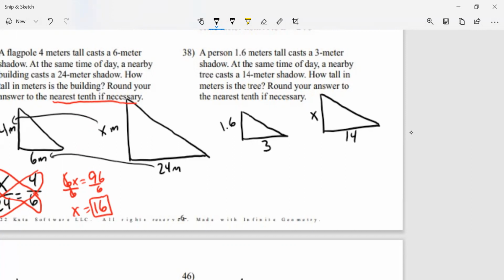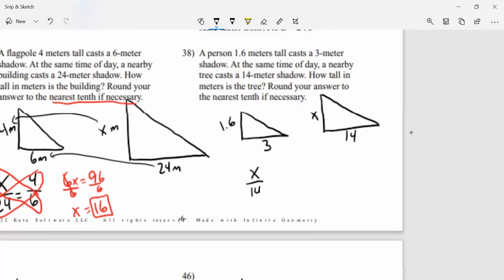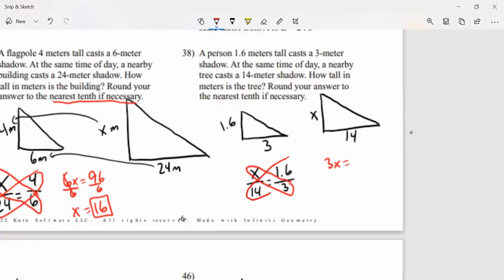Okay, so let's take a look. I'm going to write X over 14 is equal to 1.6 over 3. Then I'm just going to cross multiply. 3 times x is 3x. 1.6 times 14, I'm using a calculator, is 22.4.